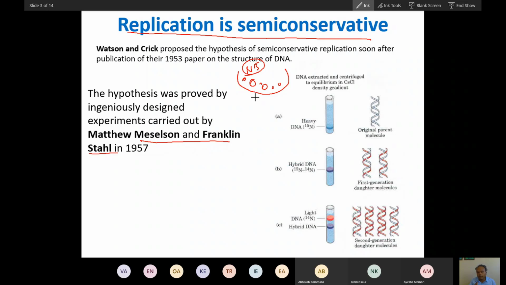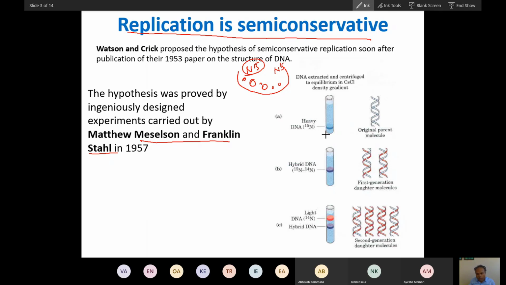This nitrogen is a heavy nitrogen. After replication, the DNA obtained was N15 DNA, the DNA containing N15 nitrogen. So this was heavy DNA.